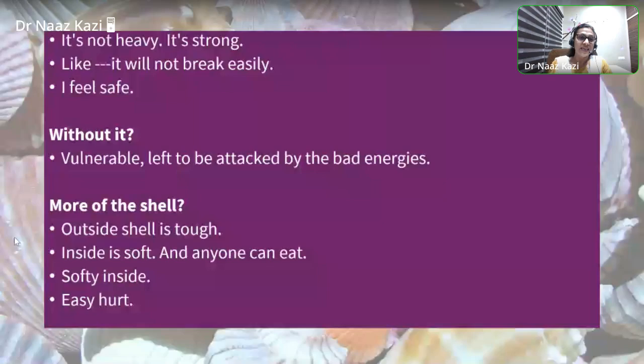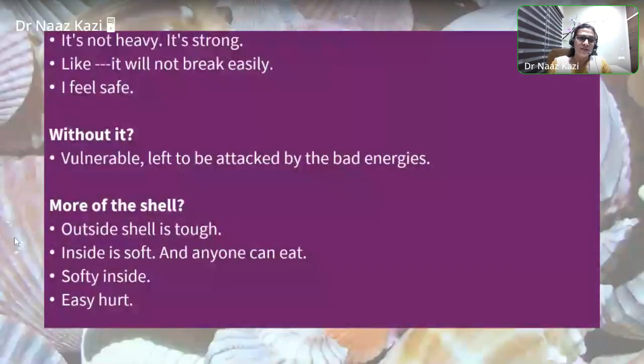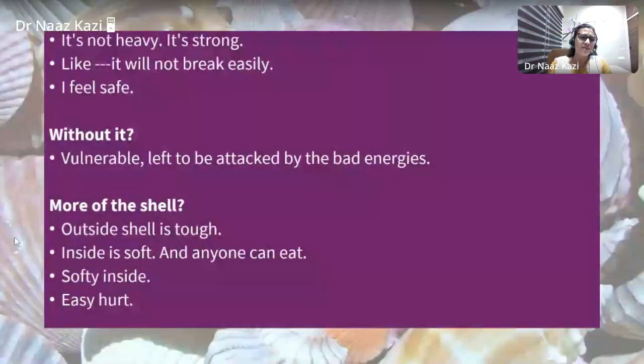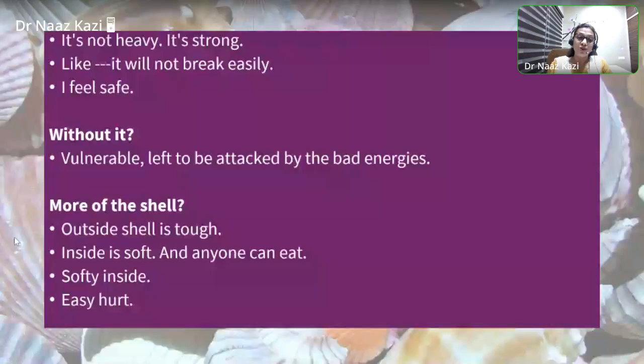So she says again, the quality of the shield, it's not heavy, it's strong. It's like it will not break easily. I feel safe. So I ask her, without the shield, how is it for you? She says I'm vulnerable, left to be attacked by the bad energies. I ask her more qualities of the shell, and she says outside the shell is tough, inside it is soft, and anyone can eat it.